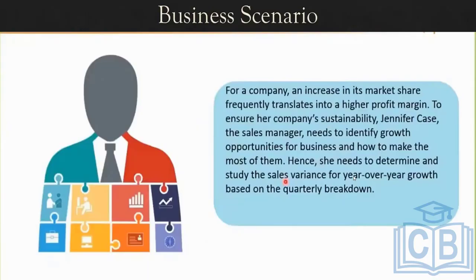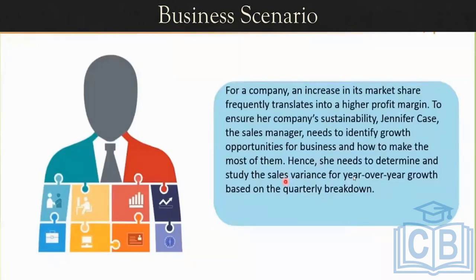Now let's look at a scenario. For a company, an increase in its market share frequently translates into a higher profit margin. To ensure her company's sustainability, Jennifer, the sales manager, needs to identify growth opportunities for business and how to make the most of them.